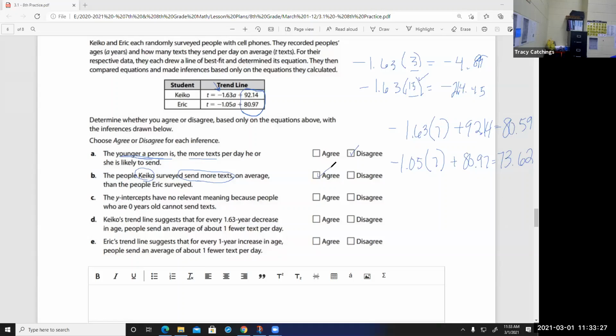C says the y-intercepts have no relevant meaning because people who are 0 years old cannot send texts. They say that the y-intercept won't have any relevant meaning. You said agree? Why'd you say agree?